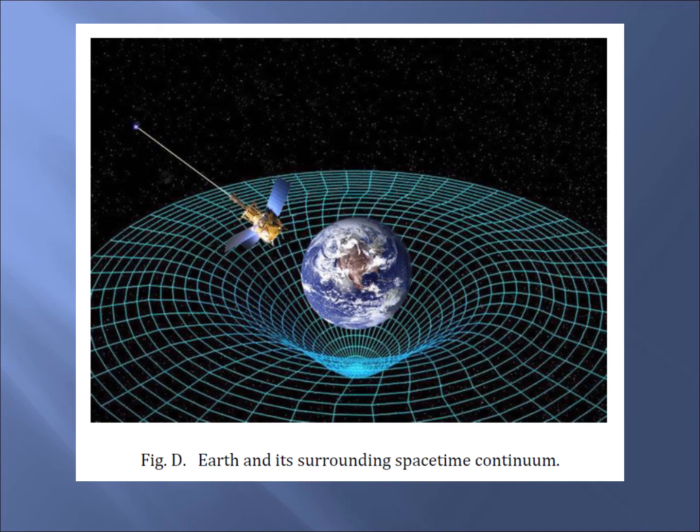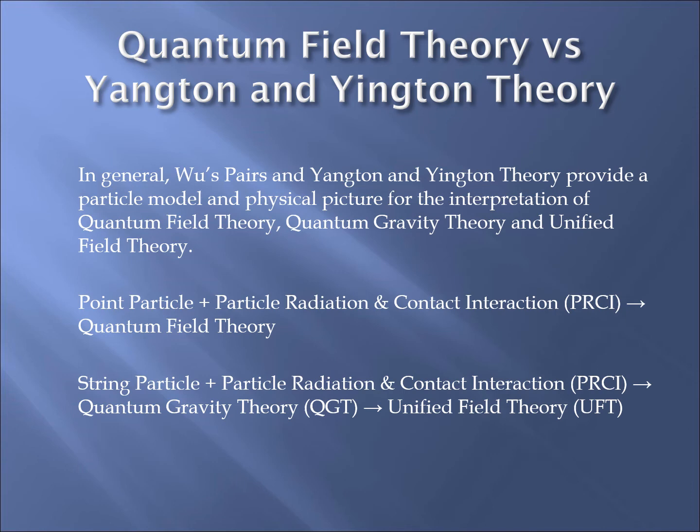This picture shows the image of Wood's space-time field equation affected by Earth's gravity. In general, Wood's pairs and Yangton and Yington theory provide a particle model and a physical picture for the interpretation of quantum field theory, quantum gravity theory, and unified field theory.